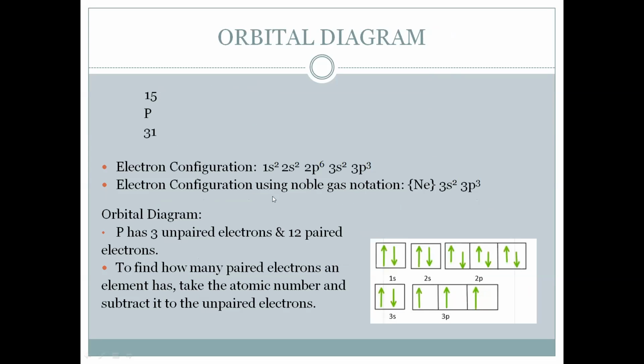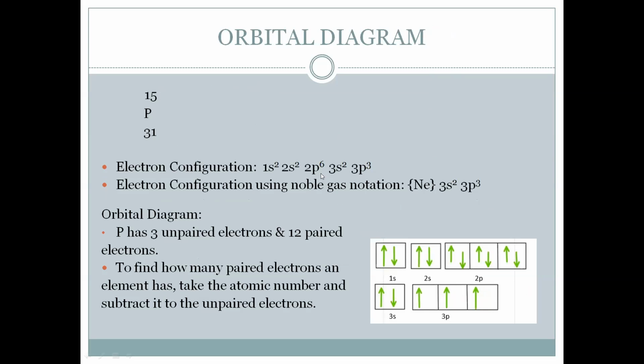Okay, so let's move on to phosphorus, which has the atomic number of 15 and the mass number of 31. Now, the electron configuration of phosphorus is this. It's quite long, so there is a way that we can shorten this electron configuration, especially when you're dealing with elements that have a higher atomic number.